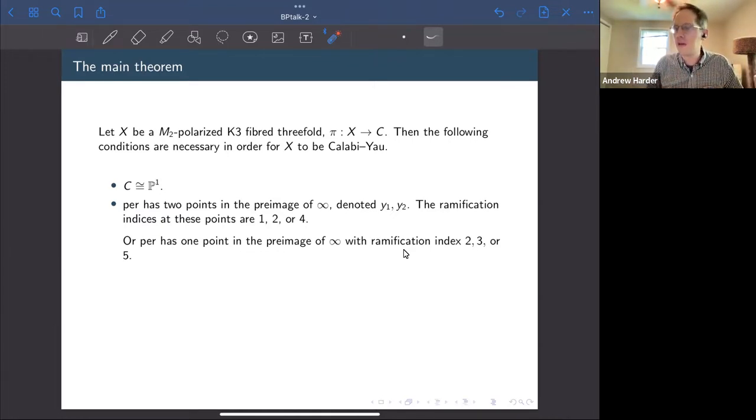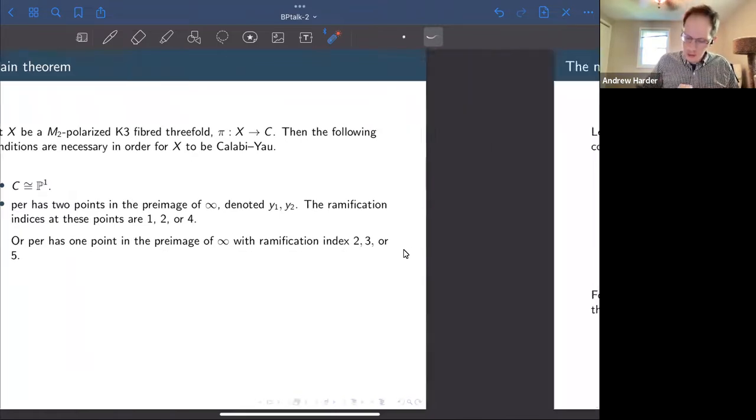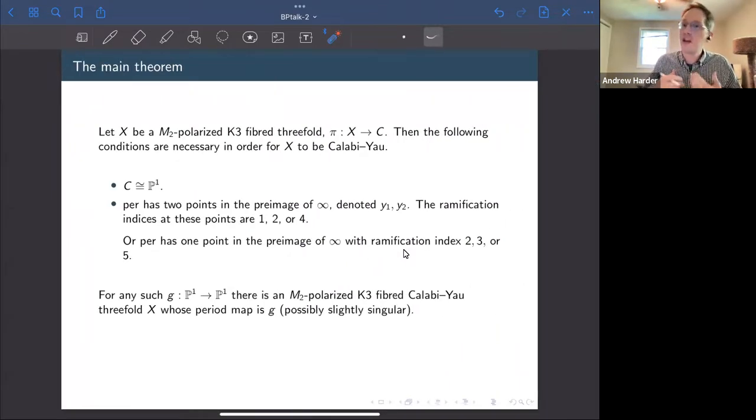So these are necessary conditions for X to be Calabi-Yau, just based on the period map. There's a second part to this theorem, which is a bit more difficult, or uses different tools, which says that for any map G from P1 to P1 satisfying the conditions above, there is an actual M2 polarized K3 fibred Calabi-Yau threefold whose period map is G. However, we have to give something up in general.